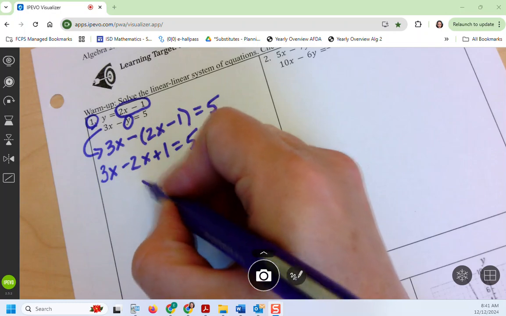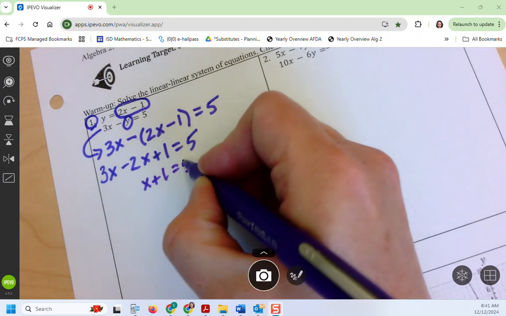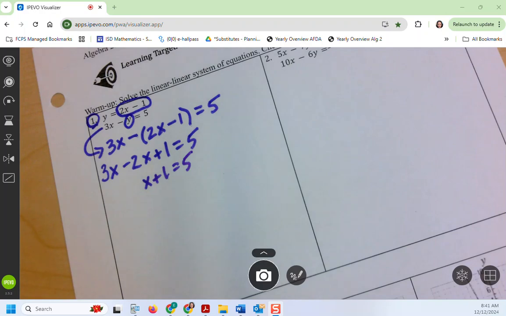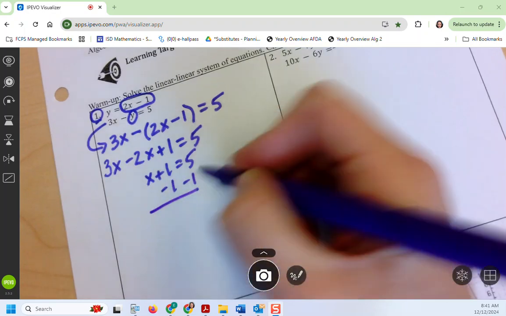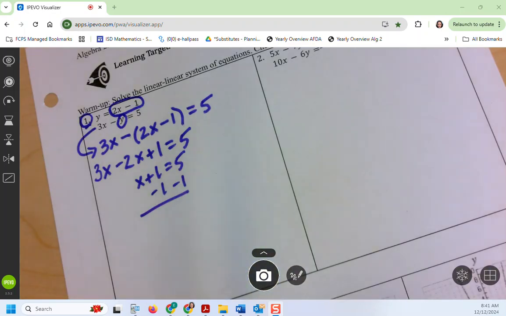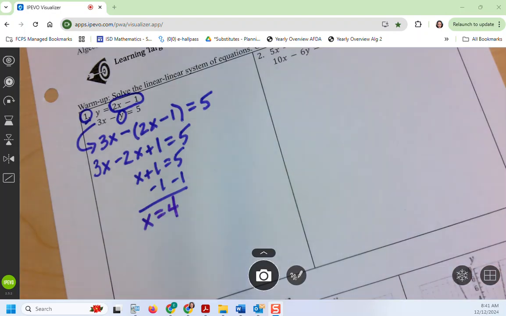Just 1x, right? Plus 1 equals 5. And then get x by itself by subtracting the 1. All right, so we get x equals 4.